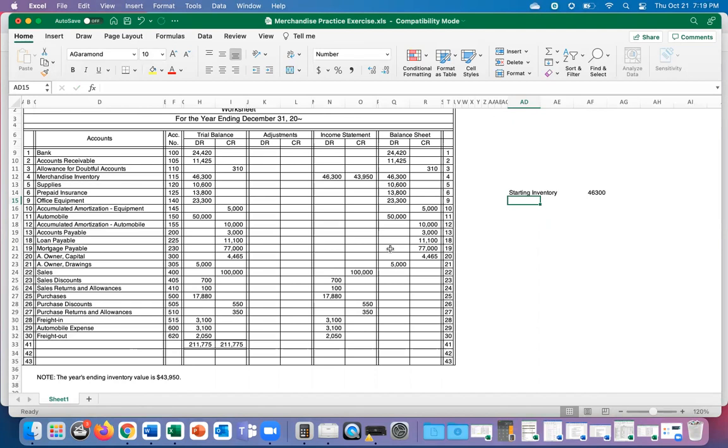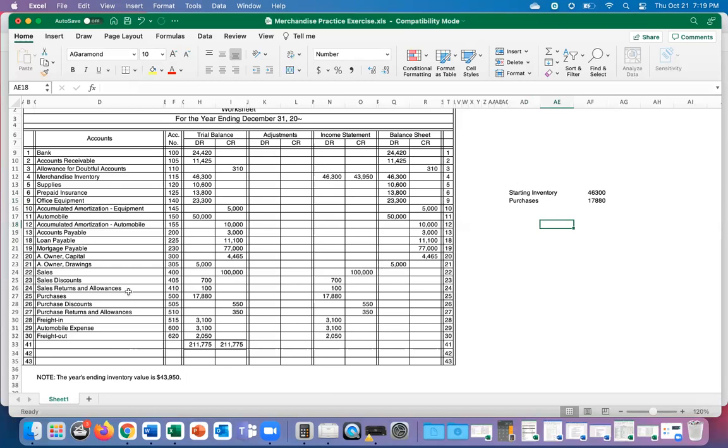And so we got purchases, and this is available here on the income statement or the trial balance. But our cost of purchases for right now is $17,880. So we spent that amount on all of our sweatshirts. And this is the only part that is a little bit tricky.